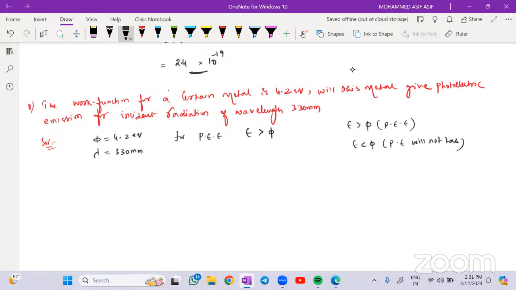Wavelength is given, isn't it? In nm it is given. So I can write the energy E is equal to hc divided by lambda.